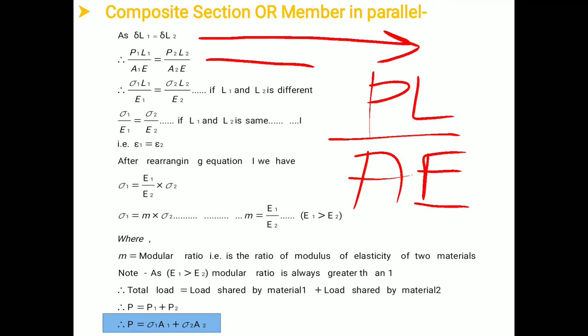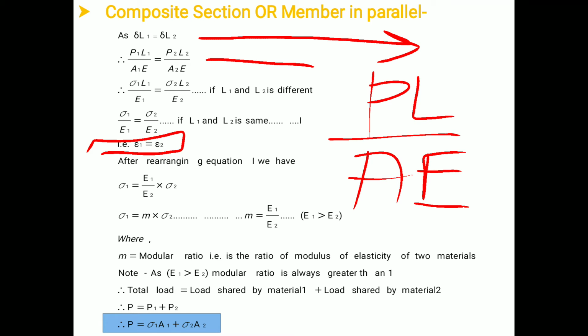Therefore we will apply this to material 1 and material 2, and the strain in 1 and strain in 2 will be same. So you have to remember that when the members are connected in parallel, or for the composite section, the strain in both the materials will be same. Therefore epsilon 1 is equal to epsilon 2.